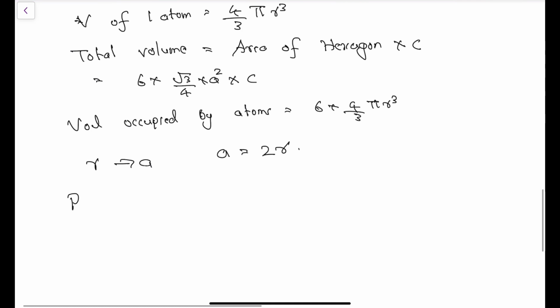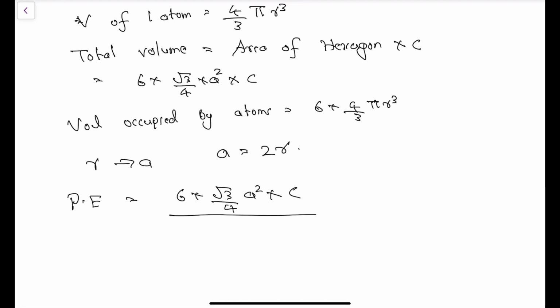So packing efficiency, that is PE, is given by the volume of atoms, which is 6 into 4 by 3 pi r cube, divided by 6 into root 3 by 4 into a square into C. And we know that this A is equal to 2R, so you can use that expression.